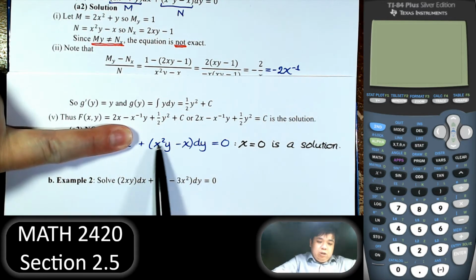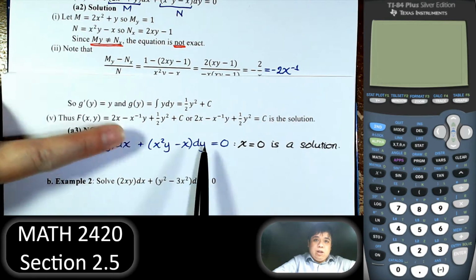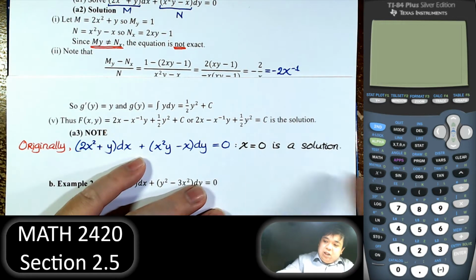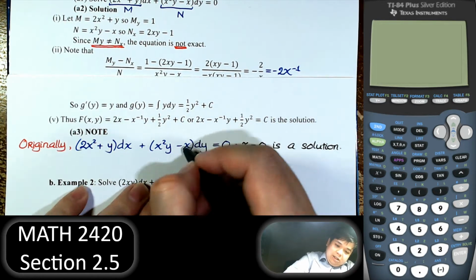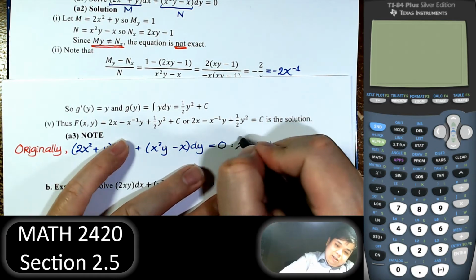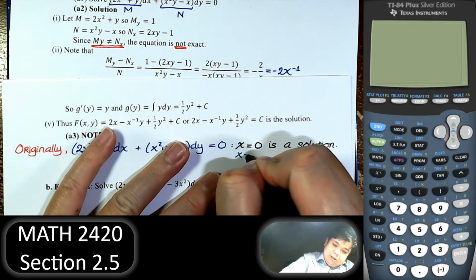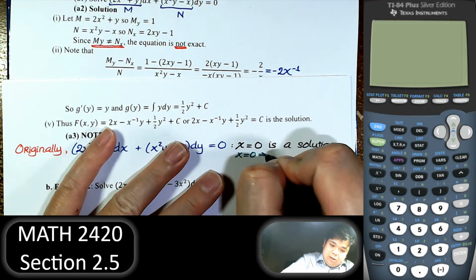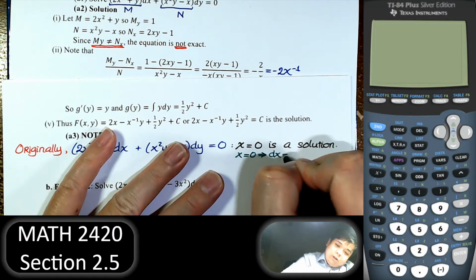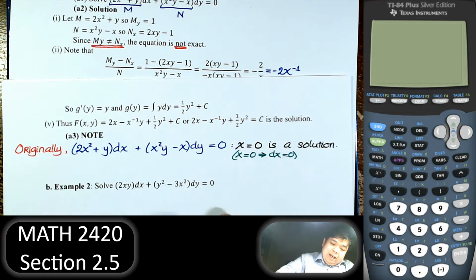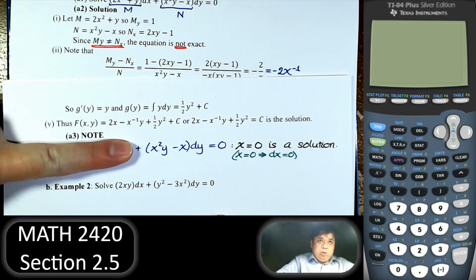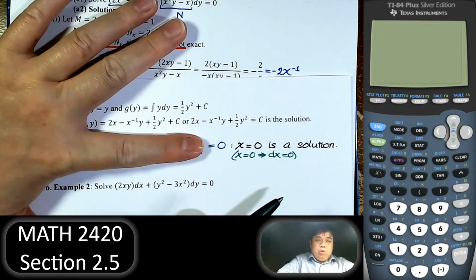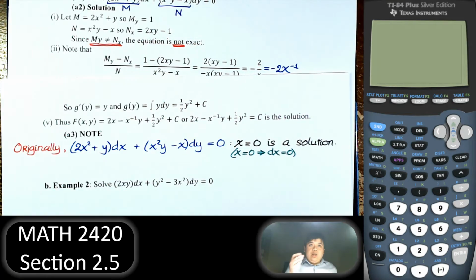If x equal to 0, this equal to 0, right? So x equal to 0 implies dx equal to 0 as well. Now dx equal to 0, this equal to 0, x equal to 0, those two equal to 0, so 0 equal to 0. So x equal to 0 is a solution.